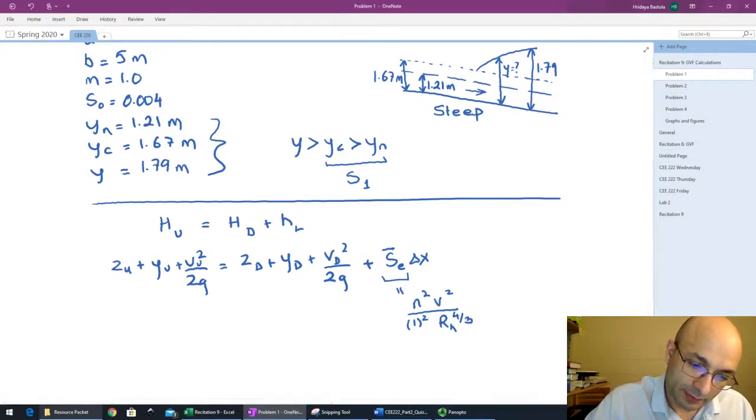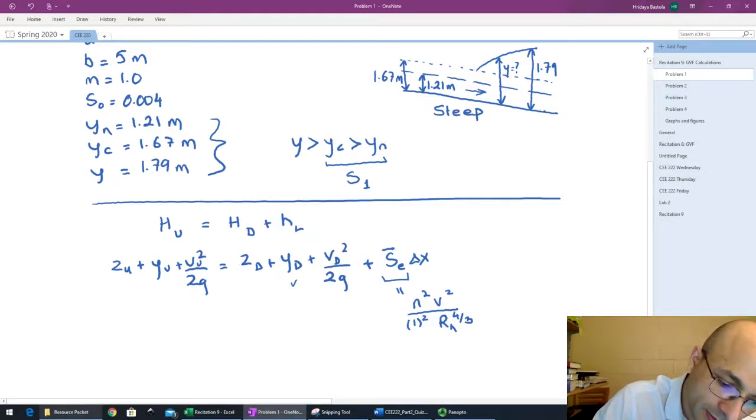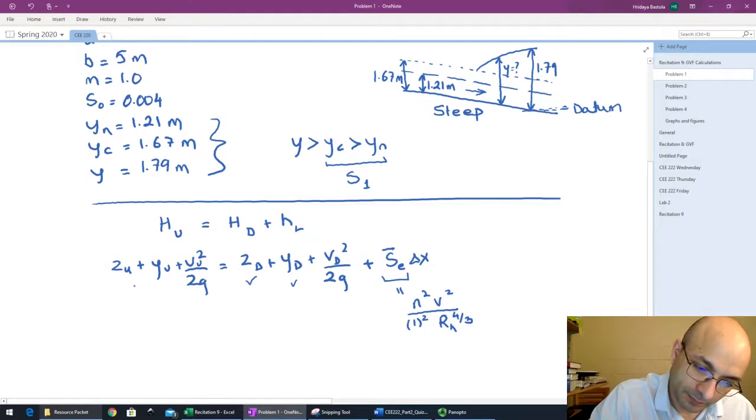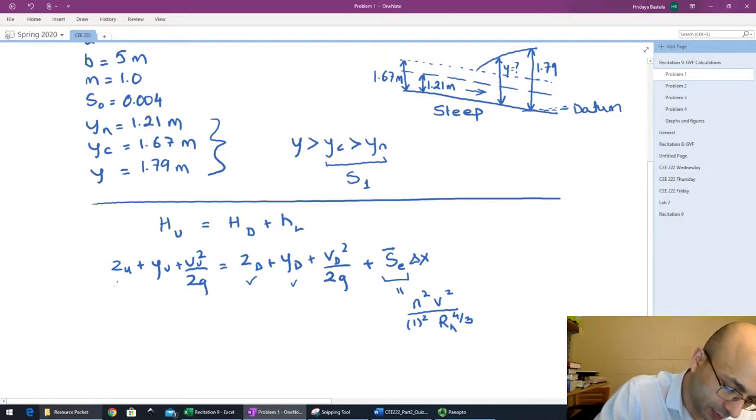In this problem in particular, we already know the downstream depth. If we consider the downstream location as having elevation of 0, we can just call that datum. So we know that at a distance of 5 meters, we can also calculate this using the channel bed slope.